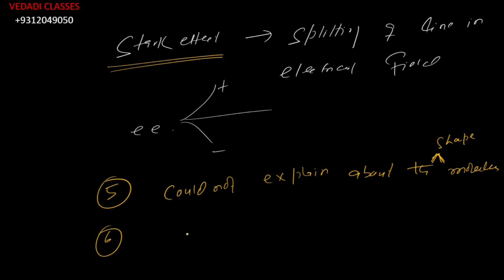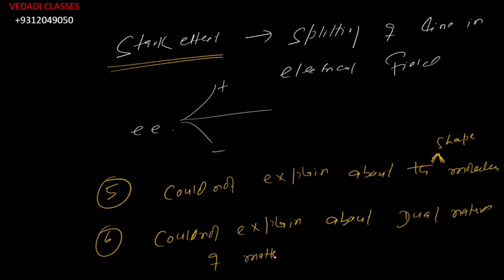Finally, he couldn't explain the dual nature of matter as well as the uncertainty principle. He could not explain the dual nature of matter, which was later given by de Broglie. We will study about this later on.